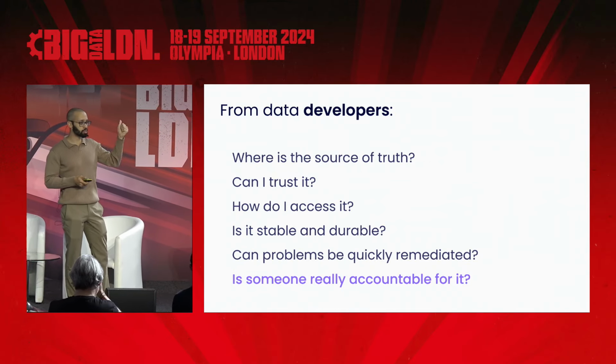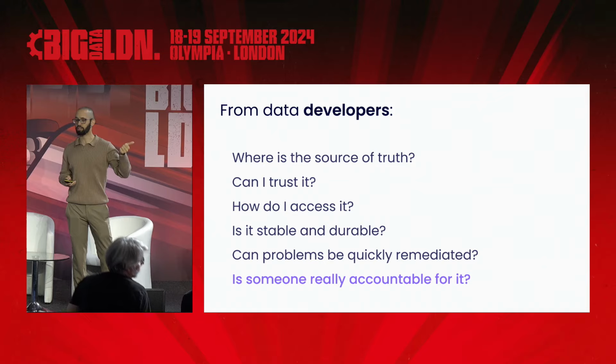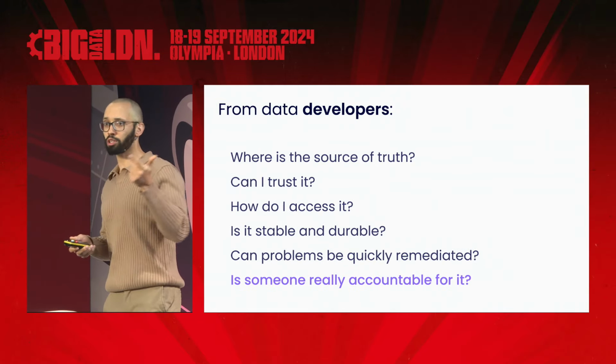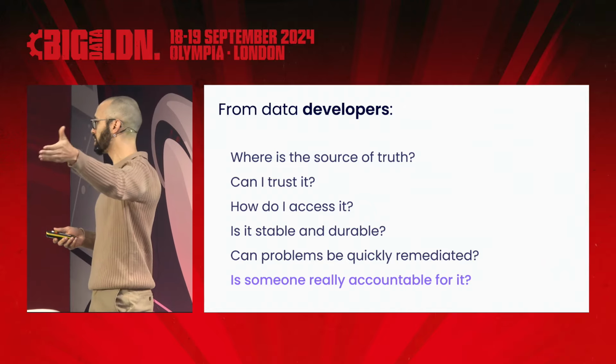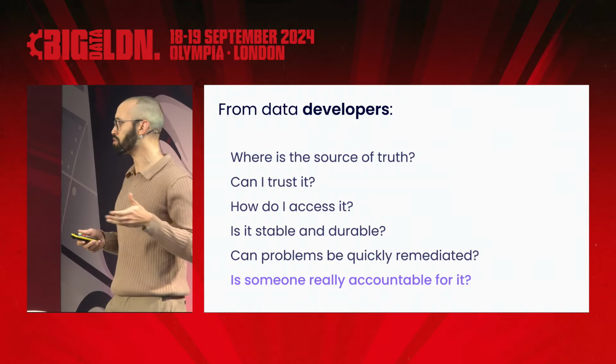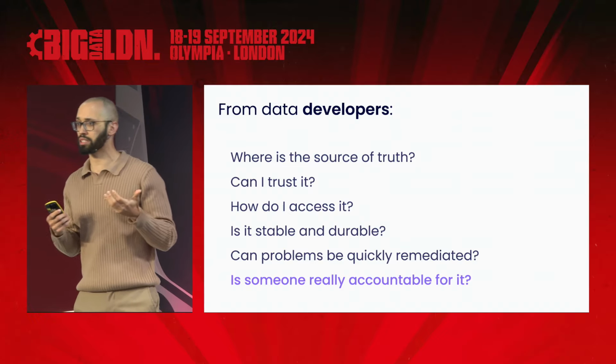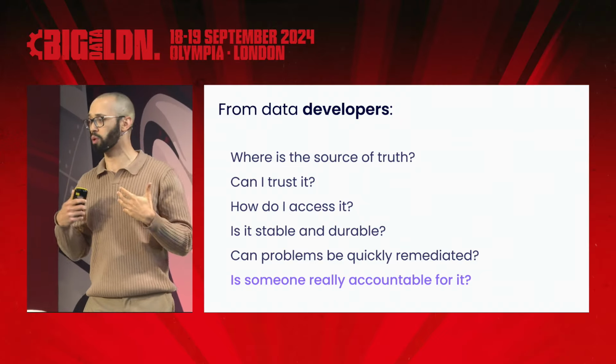Number one, what is the source of truth of this data? Nobody wants to build a model on data that is fundamentally untrustworthy, right? Number two, can I trust it moving forward? Is it going to change out from underneath me from day to day? Number three, what does this data actually represent in the real world? Semantically, what it means.